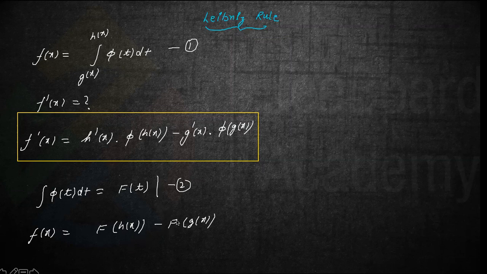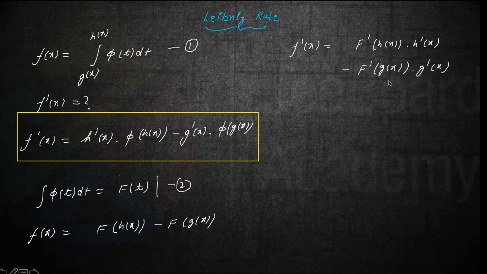So upper limit minus lower limit. Now we differentiate f dash x. We can apply the chain rule. We'll have capital F dash of hx into h dash x minus capital F dash of gx into g dash x.